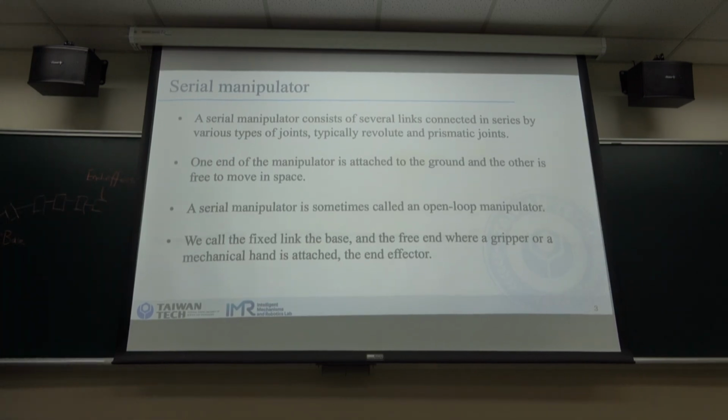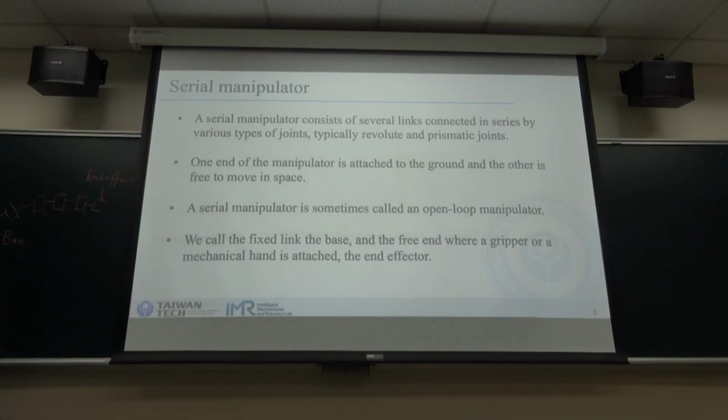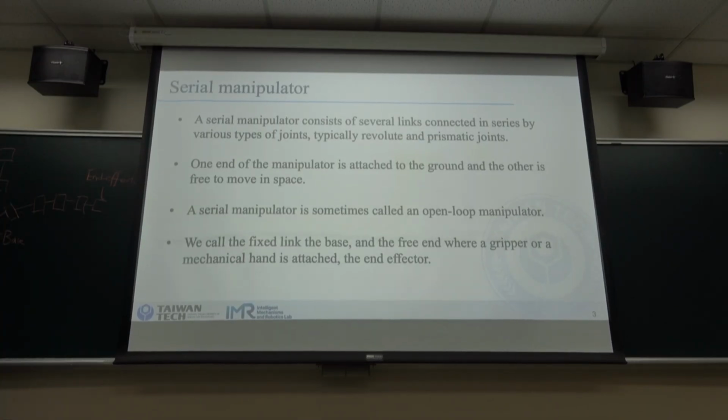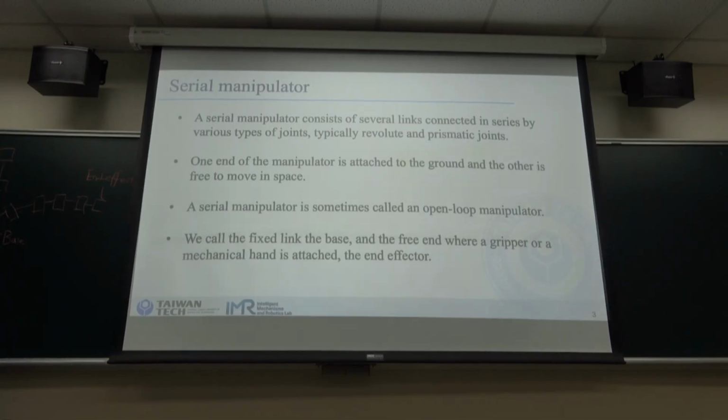If there is a serial manipulator, there will also be a parallel manipulator or a closed loop manipulator. If a robot connects back to the base or forms a closed loop, this is called a parallel manipulator, or a closed loop.